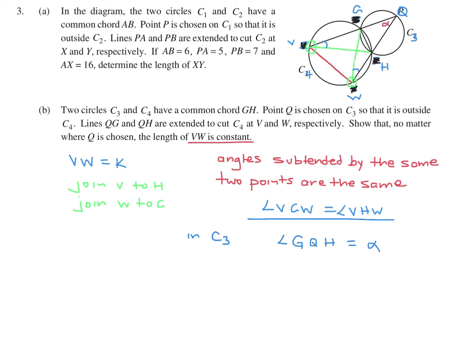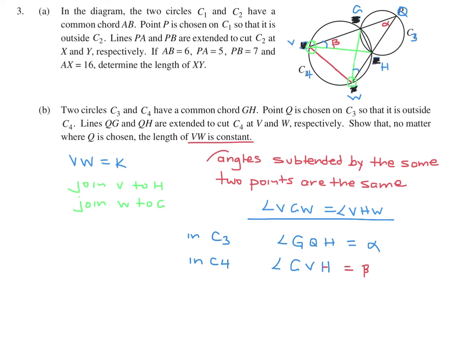This is alpha right there. And then in circle C4, we have an angle GVH. So that's this one, GVH. That angle we will call beta. So put that in there, beta, like that.